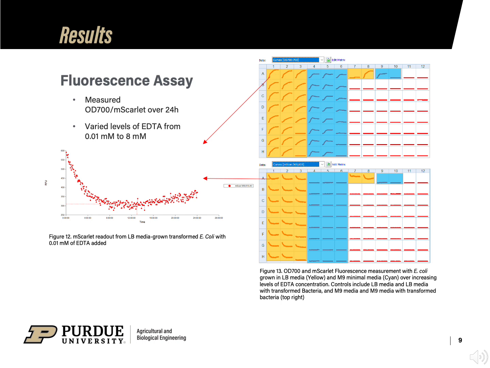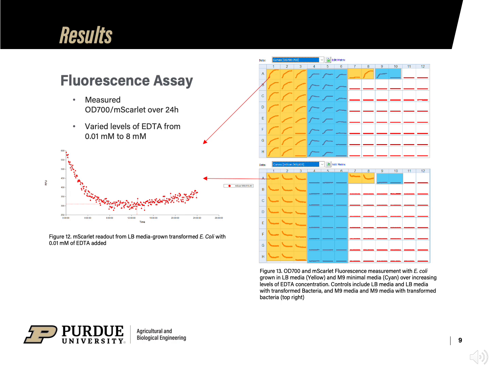The bottom left graph is a readout specifically of M. scarlet fluorescence from LB media grown with that transformed E. coli. And then on the right it shows the plate reader. The squares that are in yellow were grown in LB media, and the cyan were grown in M9 minimal media with increasing levels of EDTA concentration.